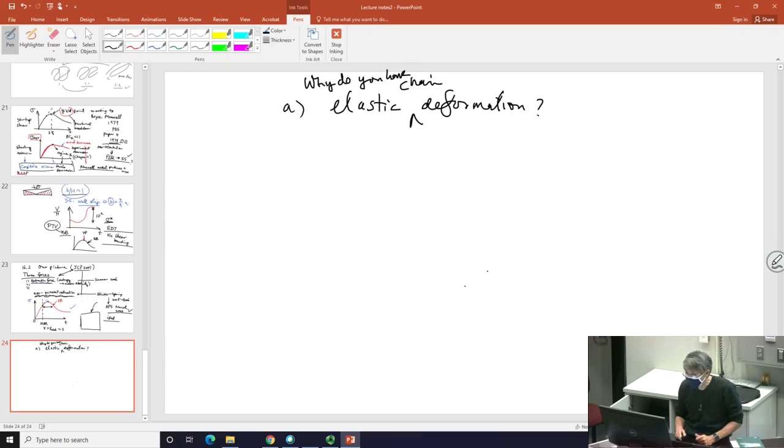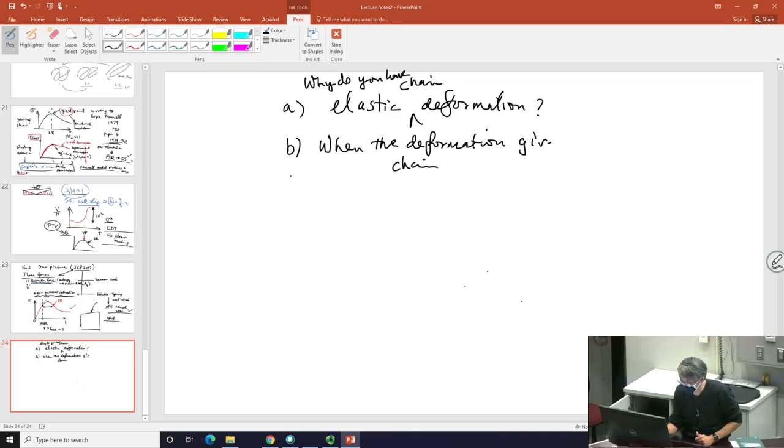So of course that means you need to answer what is causing it. And then when the deformation, I can say it just any way I want, or the chain deformation gives into flow, if you like, or basically ceases.